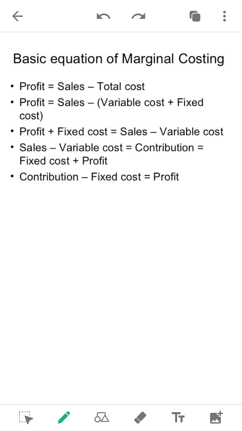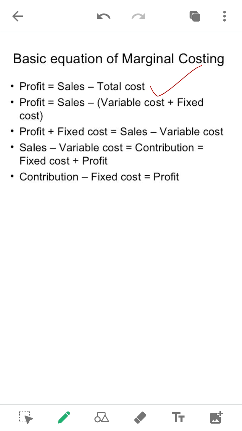If you are able to understand this chapter properly, there are many other rules, and here I am showing some basic rules, but besides this there are a lot of rules, and the more rules you are able to memorize, the more helpful it will be for you to understand this. Basic equation of margin and costing. Profit is equal to sales minus total cost.